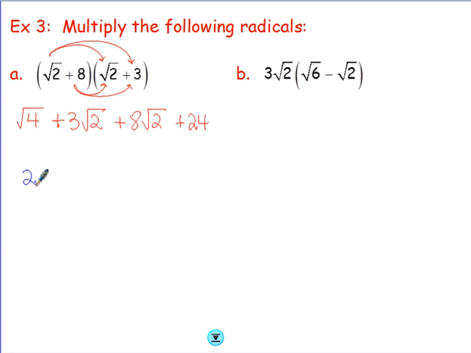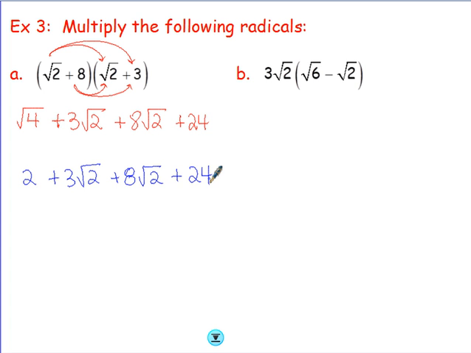We look at our next two. Our next two are both radical 2's. You can't simplify radical 2. That radical is as small as it goes. So these are not going to change at all. And of course the 24 isn't going to change because it's already a whole number. So the only radical that we needed to simplify was the radical 4.